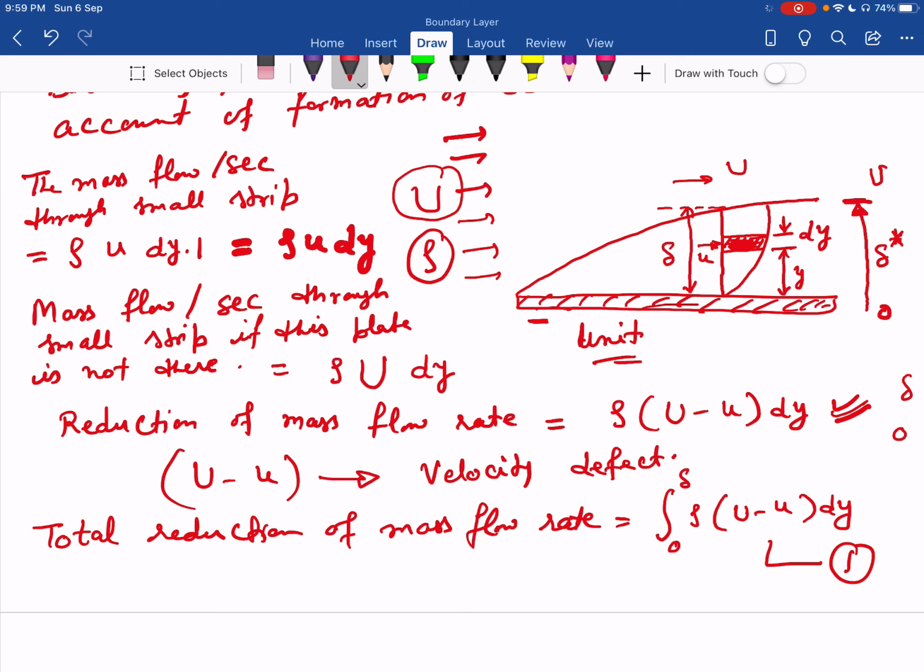Okay, so when I move this plate in the upward direction, there is again a reduction of mass flow rate.